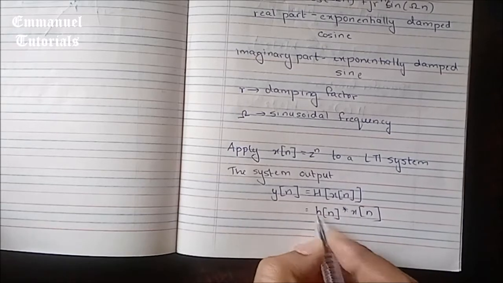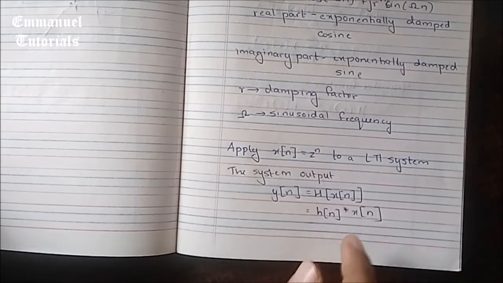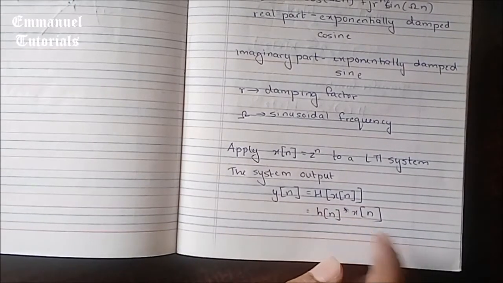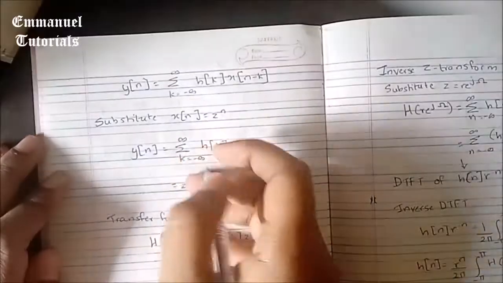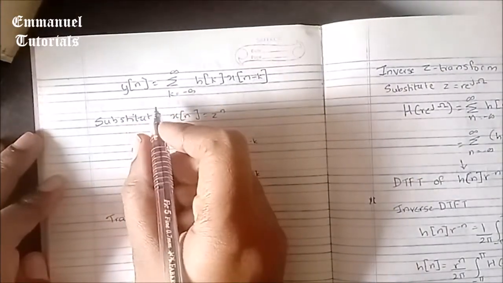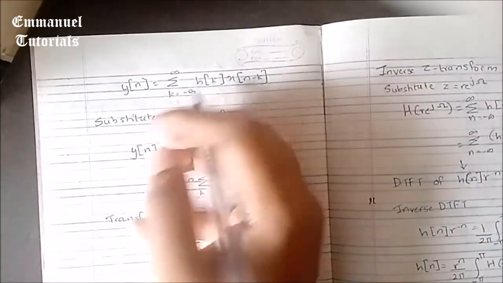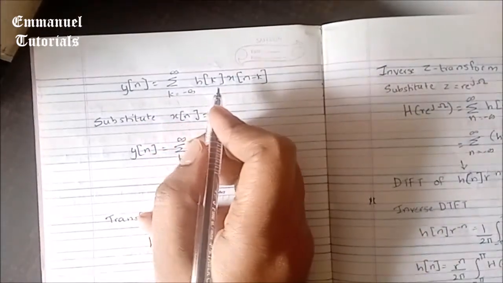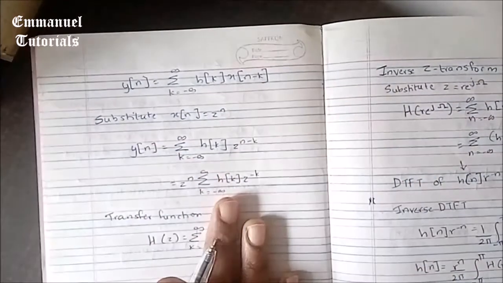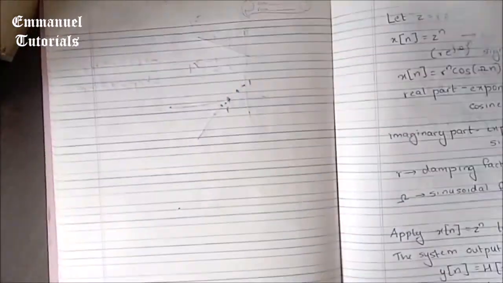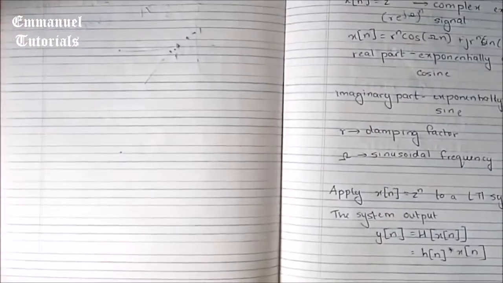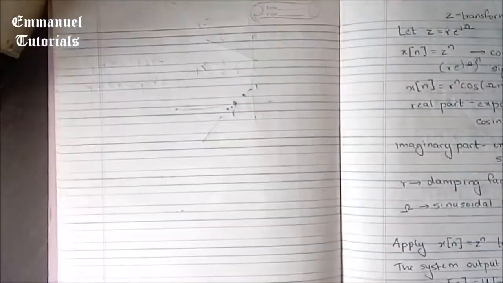Here, this is the impulse response, and this is the input signal. Now, can you say y of n is equal to summation k equal to minus infinity to plus infinity h of k into x of n minus k? Because this is the formula for convolution. As you can see, we are doing convolution.